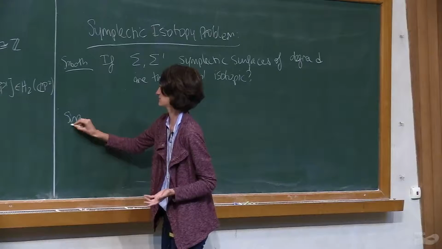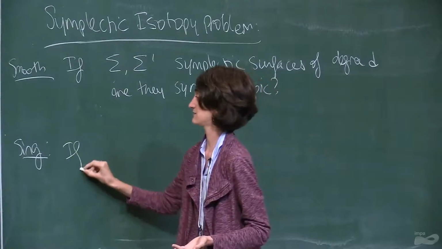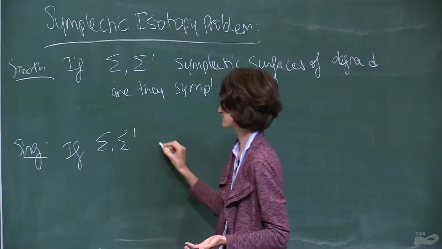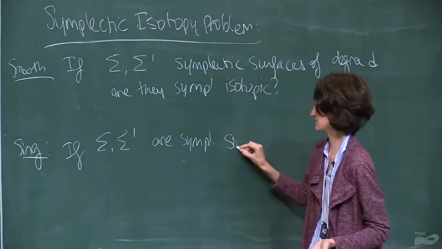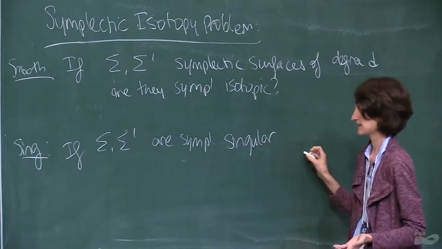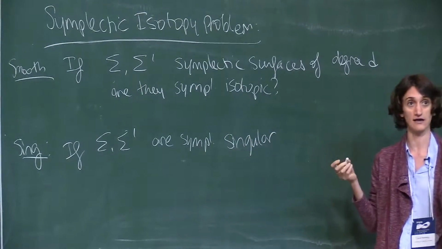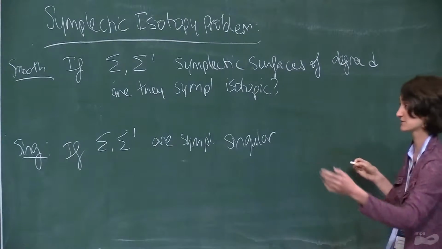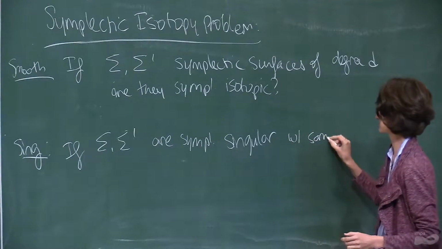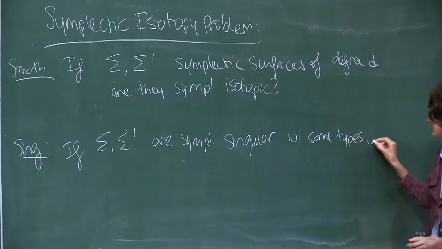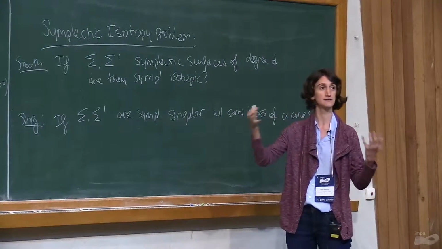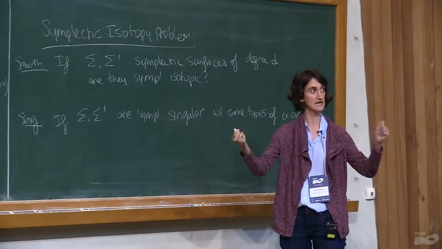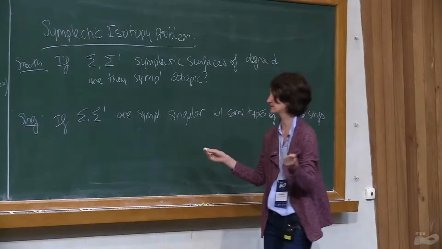And then the singular version, you could ask if sigma and sigma prime are symplectic singular surfaces and their singularities are modeled off of complex curves, so with the same type of complex curve singularities, then can we connect one to the other, keeping the same type of singularities throughout the whole family?